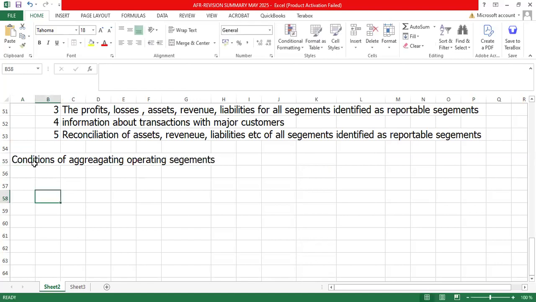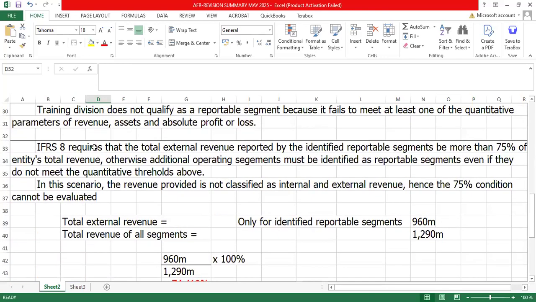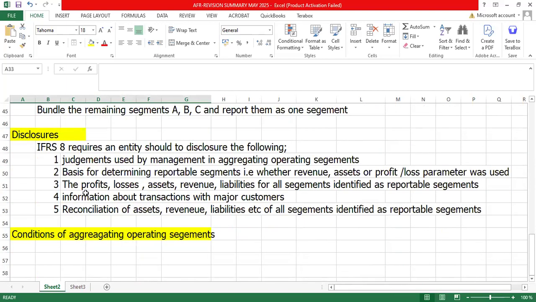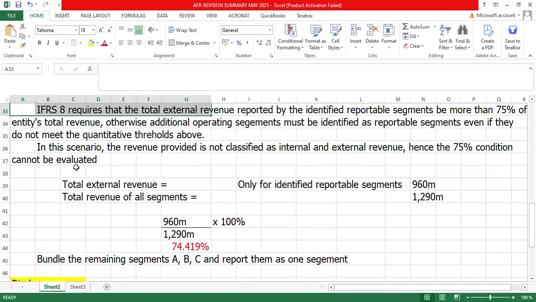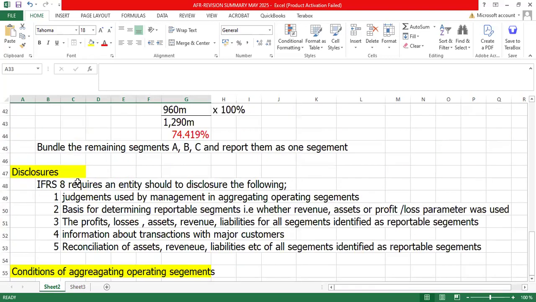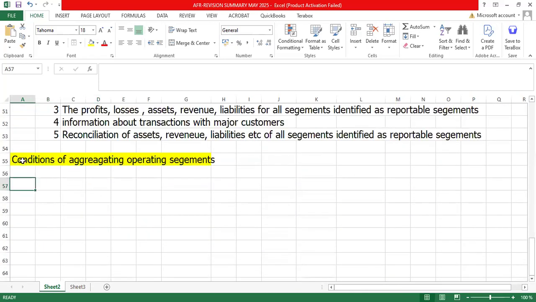Colleagues, we have said that where you have external revenue and internal revenue, you test this, and at the end, you can report those other segments as a single reportable segment, but you cannot aggregate them when these conditions are not met.